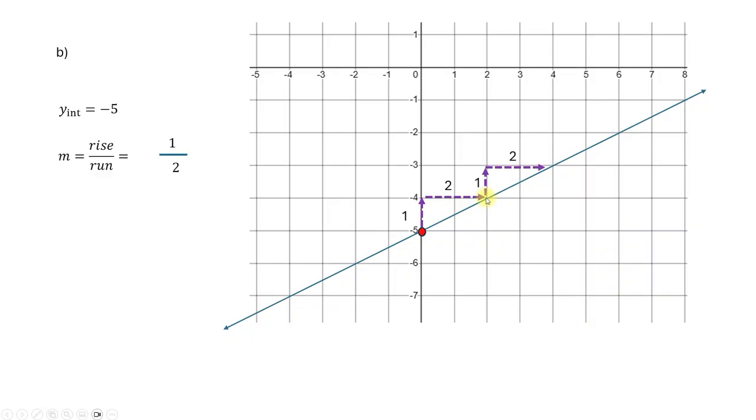Up 1 over 2. So a rise of 1 followed by a run of 2 gives us a slope of 1/2. Once we have our y-intercept and our slope, then we can write our equation y equals 1/2 x minus 5.